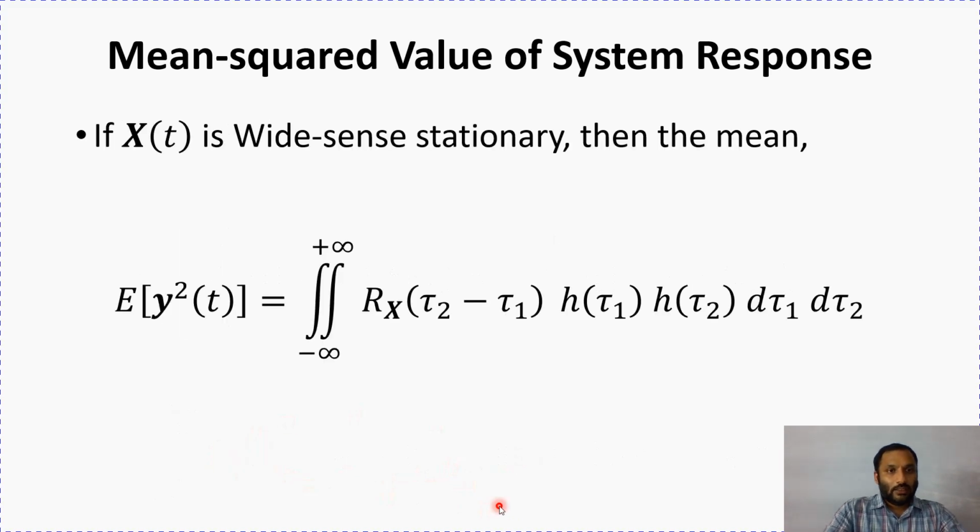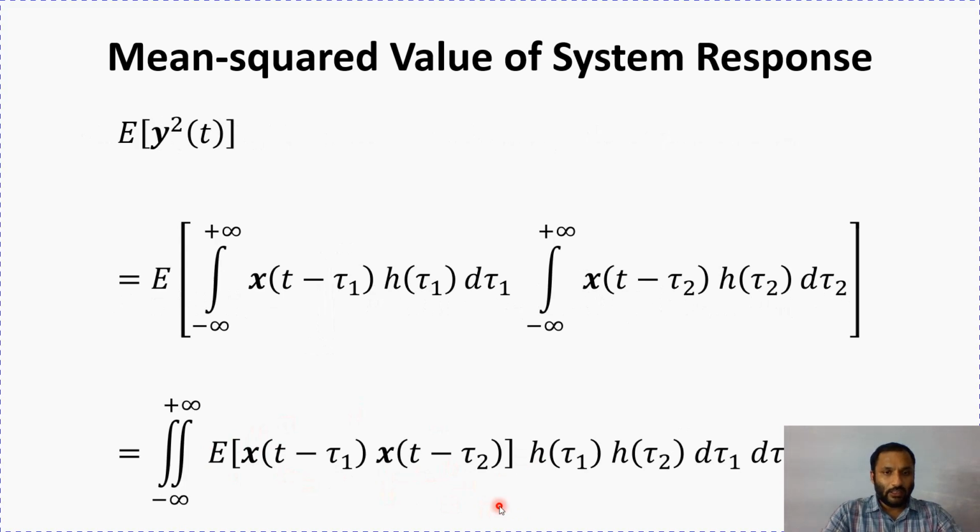Now if your input is a white-sense stationary process, then the autocorrelation function is simply a function of the time difference between these two time points, t minus tau 2 and t minus tau 1. Take the difference, it is t minus tau 1 minus of t plus tau 1.